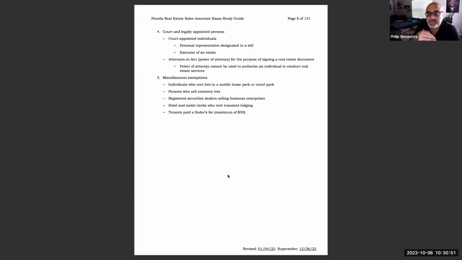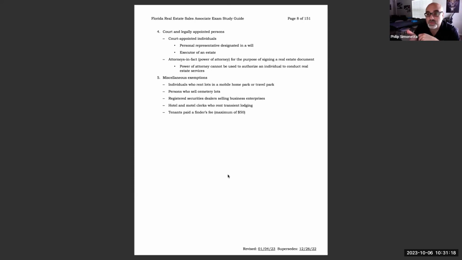So let's look at some miscellaneous exemptions. Individuals who rent lots in a mobile home park or travel park, persons who sell cemetery lots. You remember the question we did in our review, right? Yeah, I do. Registered security dealers selling business enterprises, hotel and motel clerks who rent transient lodging.